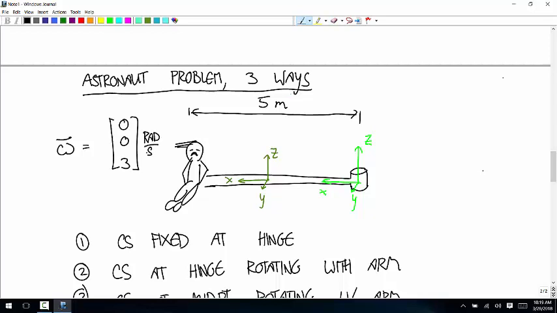And it's constant, so there's no alpha. So 0, 0, positive 3 is rotating this way.